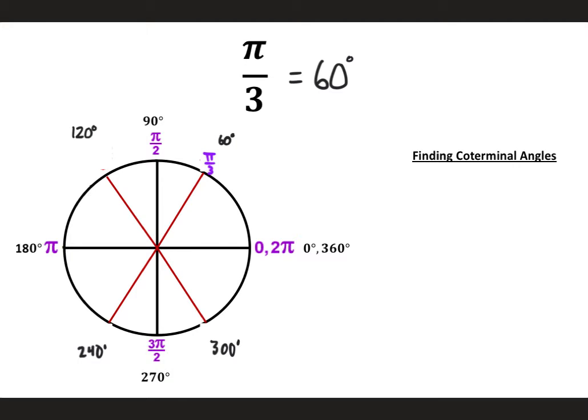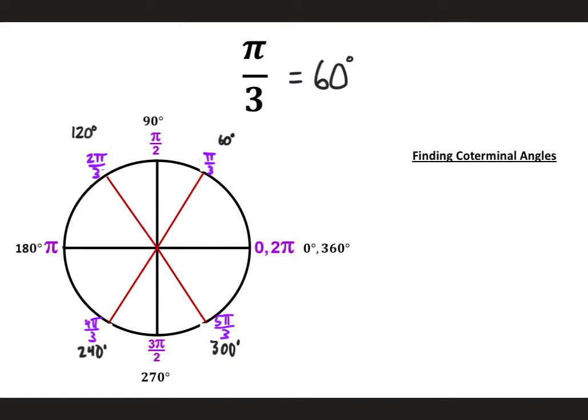So in quadrant 2, this is 2 pi over 3. 3/3 of pi, so 3 over 3 is 1, that's just 180 degrees. So the next one along is 4/3 of pi, or 4 pi over 3. And then our last over 3 would be 5 pi over 3.